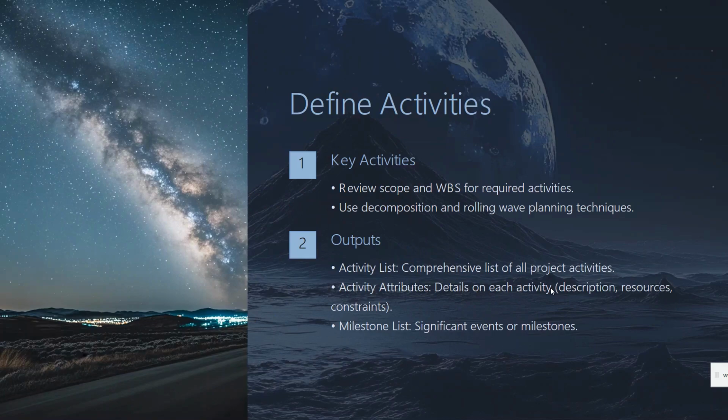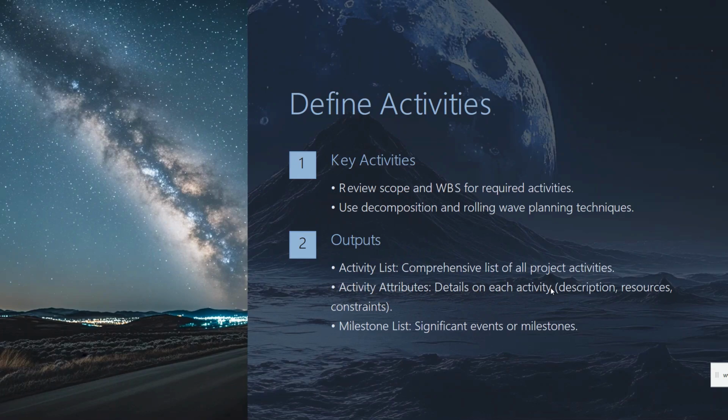Here we have define activities. Once the scope is defined, the next step is to define activities. This process involves identifying and documenting the specific tasks required to produce the product deliverables, and breaking down work packages from the WBS structure.